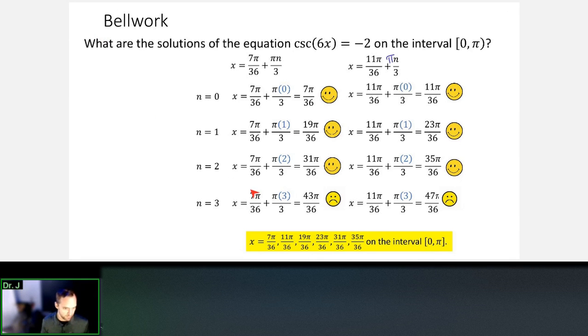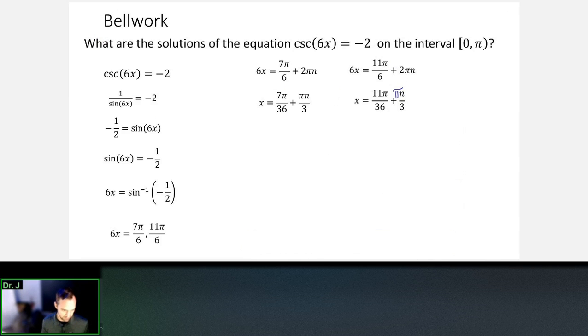It is, but let me go back. I'm just going to re-say what you just said. In the module, they replace 6x with just theta, that way you're not actually looking at the 6. They do everything the same, and then they'll have theta equals these 2, and then they put the 6x back into it.